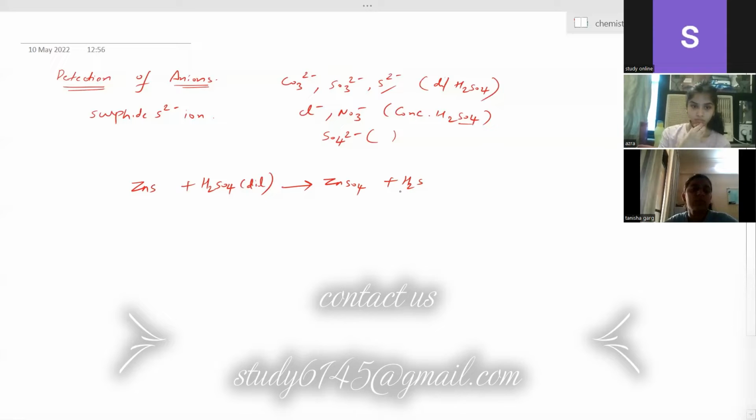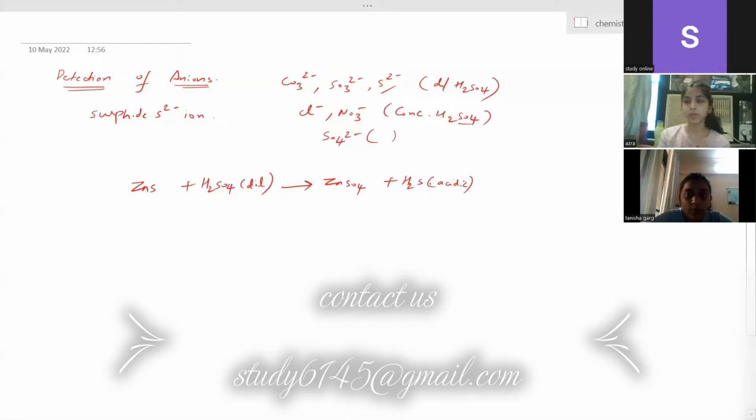Now H2S is an acidic gas or a basic gas? Acidic. Perfect. So what litmus paper should I bring, blue or red?